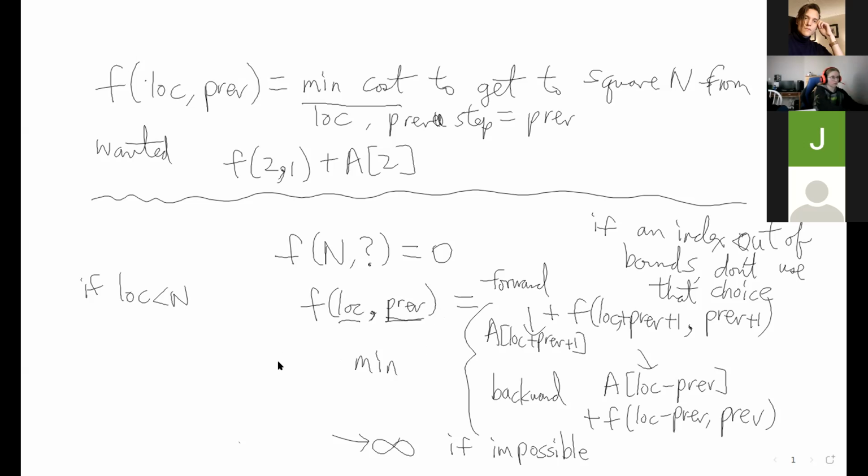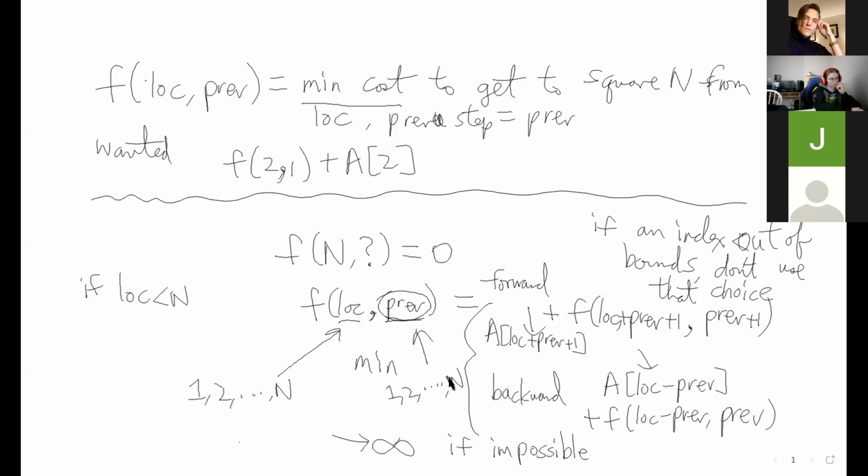Why is this good for dynamic programming? Because the number of locations is limited to 1 to n. And the number of previous steps that you can take is also limited to 1 to n. Why do I say it's limited? Because if it's ever bigger than n, doesn't matter where you are, if you try to jump more than n plus 1 steps, you will always get out of bounds.